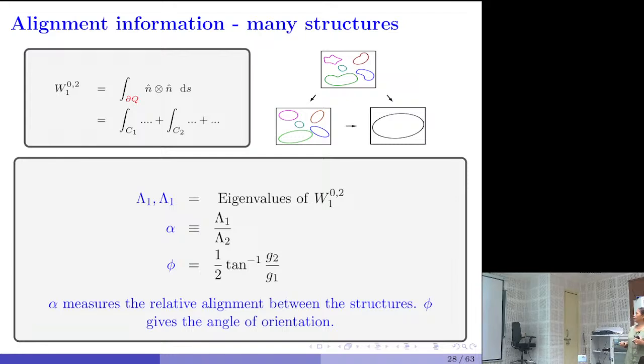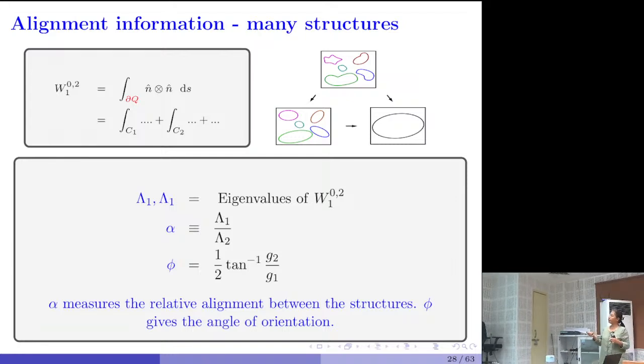All right. So now, if I have many curves like this example here, you may ask, is there an alignment between these curves? To get that information, we calculate W102 for each of the curves, and you can add them up. Because this is a tensorial quantity on flat space, you can add up component by component, and you will get a final W102.